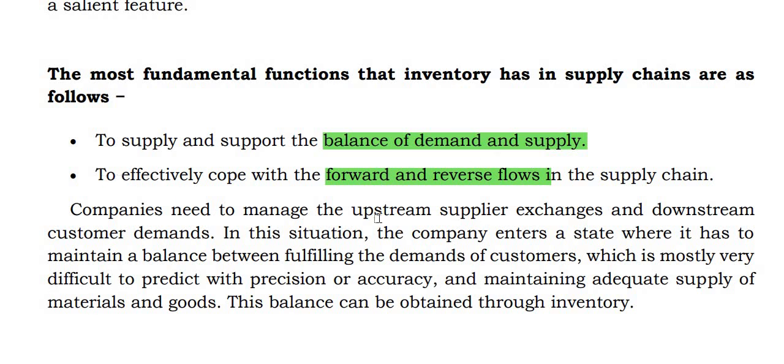So companies need to manage the upstream supplier exchanges and the downstream customer demands. We already encountered such words na upstream and downstream. So when we say upstream, this is a supply chain that includes all the activities related to the organization's suppliers, meaning these are parties that source raw materials inputs to send to the manufacturer.